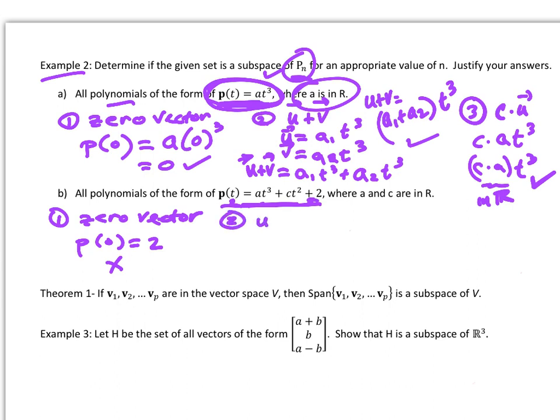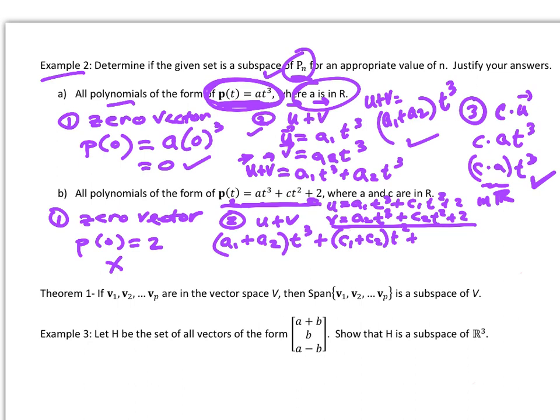Let's try addition. If I go u plus v, I'm not going to write out what u plus v is, but if I did, it would be a1 plus a2 t cubed, similar to what I did up here, and then c1 plus c2 t squared plus, what happens is that u and v, if I add them together, what is this last value?